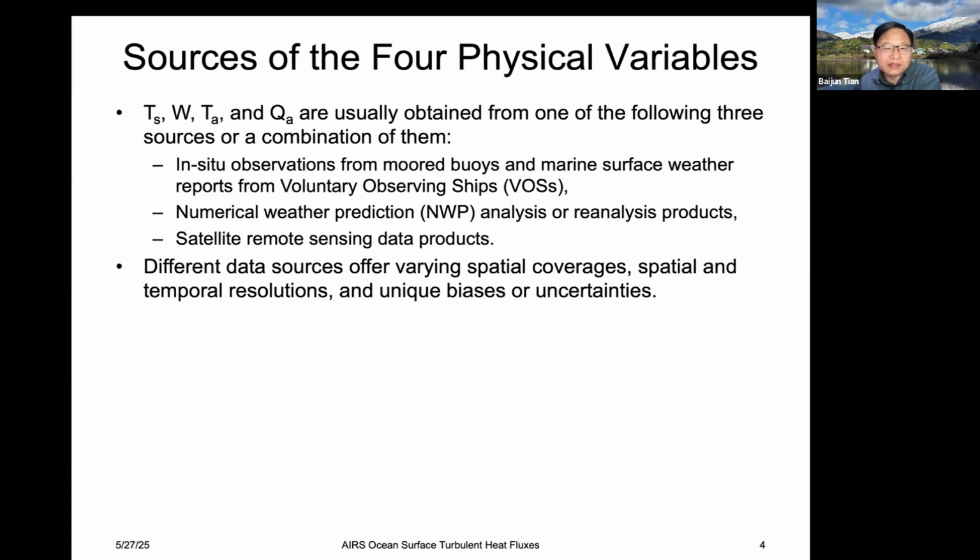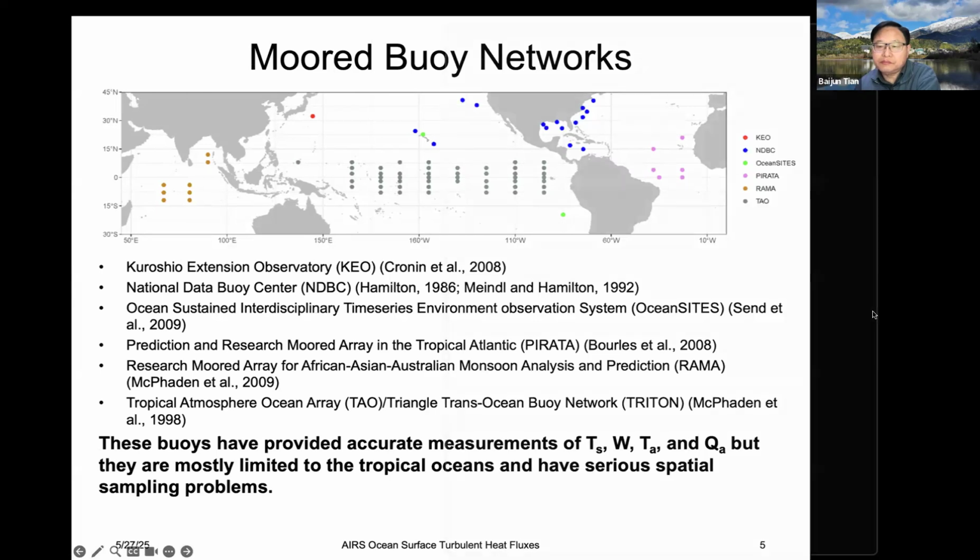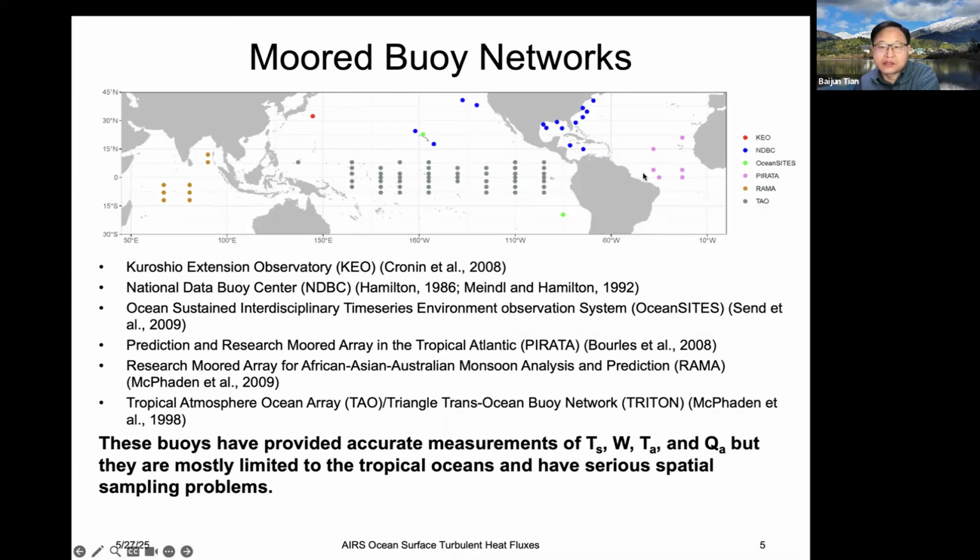First, I'll talk about moored buoys. Right now there are a lot of moored buoy networks. There are several buoy networks in the tropical oceans. For example, the red one is called the Kuroshio Extension Observatory, mainly near Japan.